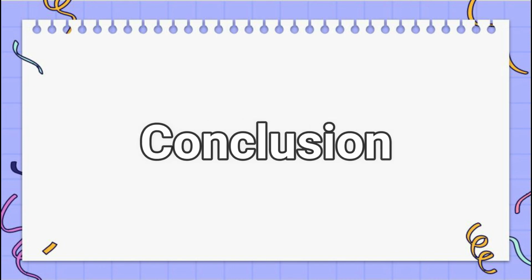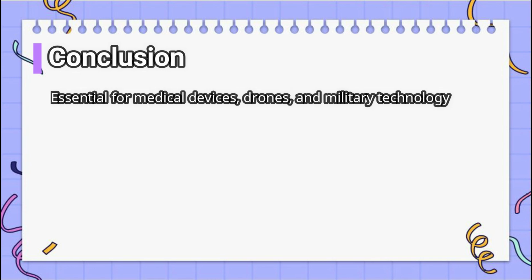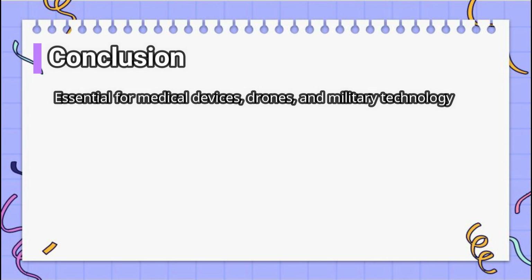Well, well, well. So much information about thermal sensors that we learned today. Now then, before we reach the end of the video, let's take a look at what we can conclude here. In this field study, we found out that thermal sensors are very important nowadays during this endemic era, where they are used medically, professionally, and in military technology.